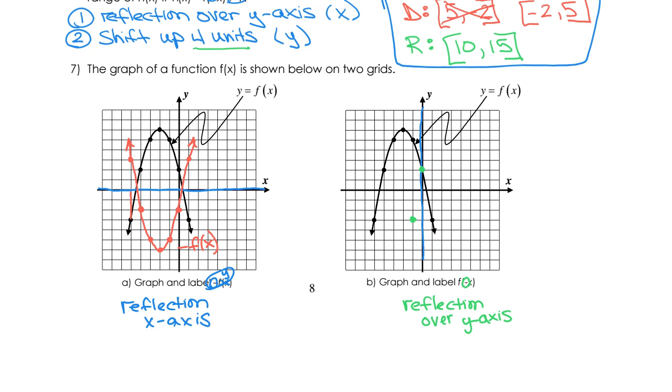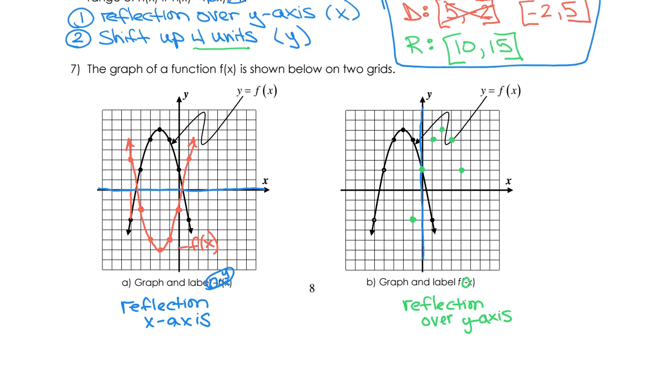Okay. All the other points are on the left-hand side, so they're going to flip and be on the right-hand side. So I'm going to start with this point up here. He's only 1 unit away, so I'm going to flip him over. Okay. This one at the top, our turning point, is 2 units, so he'll be 2 units on the other side. Okay. This point here is 1, 2, 3 units, so 1, 2, 3 units. This point here is 1, 2, 3, 4, so 1, 2, 3, 4.